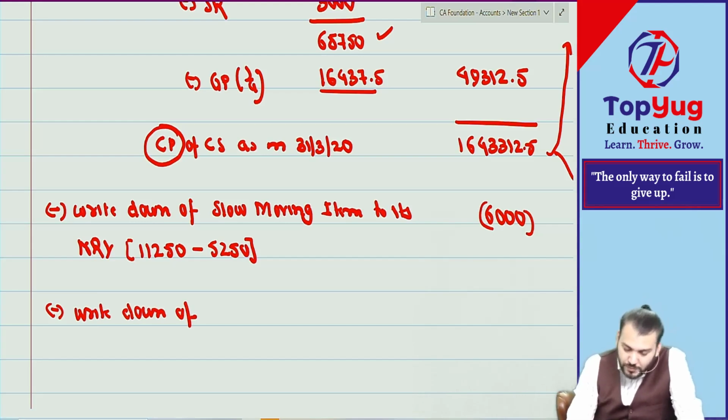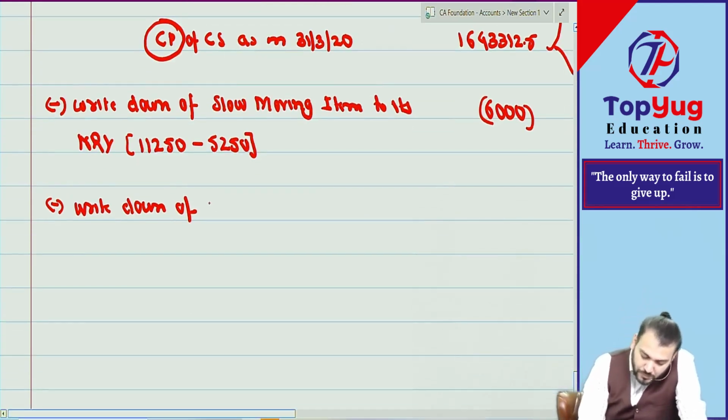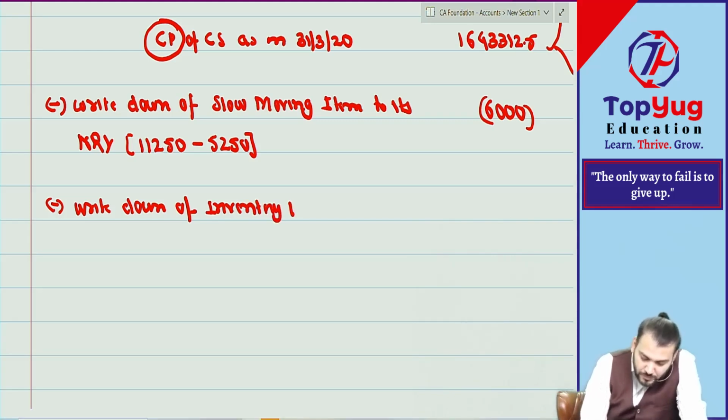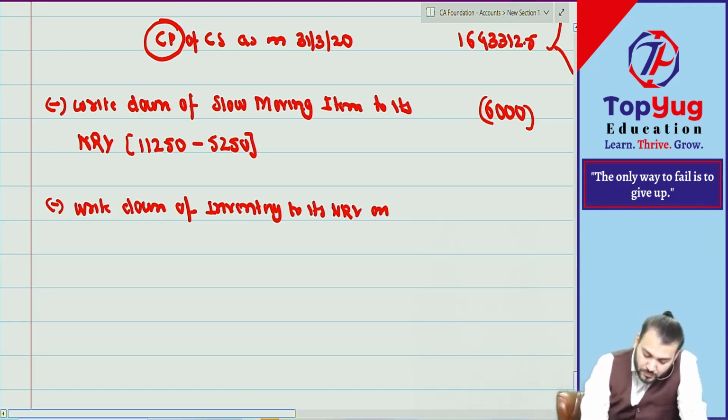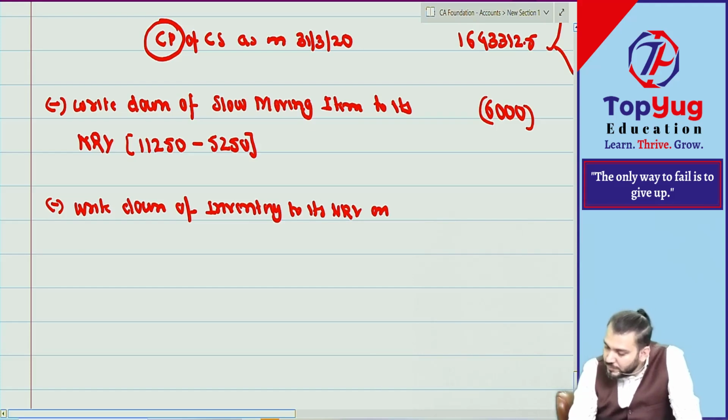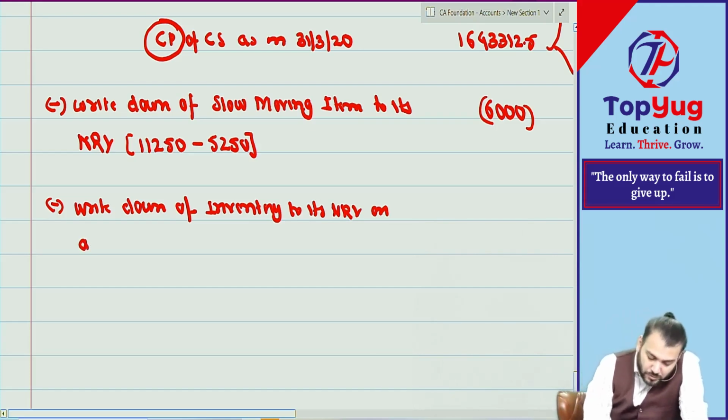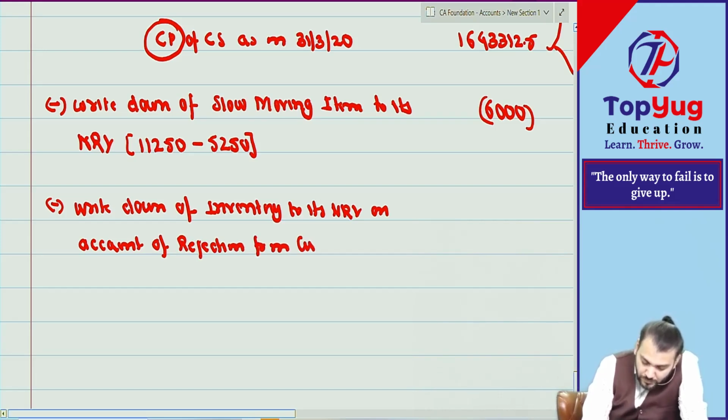Write down of inventory to NRV on account of rejection from customer.